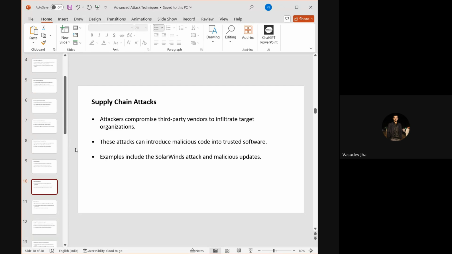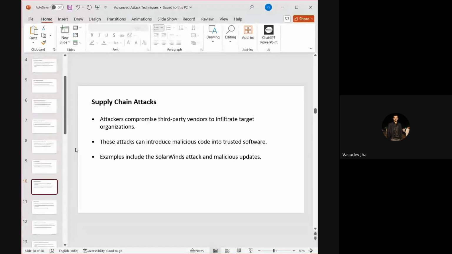Also, we are relying on different organizations. So what attackers usually do is use third-party vendors. Okay, and through the input of that vendor, they deliver their payload into the organization's system. Okay, so these attacks can introduce malicious code into trusted software.